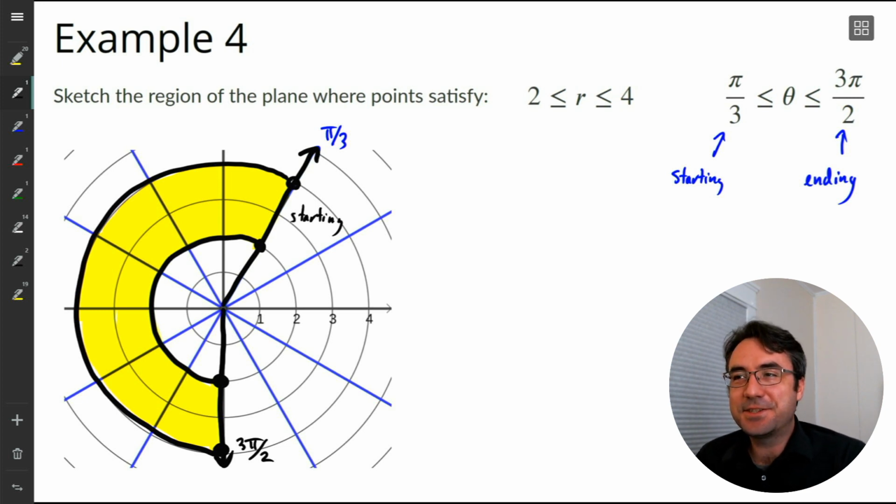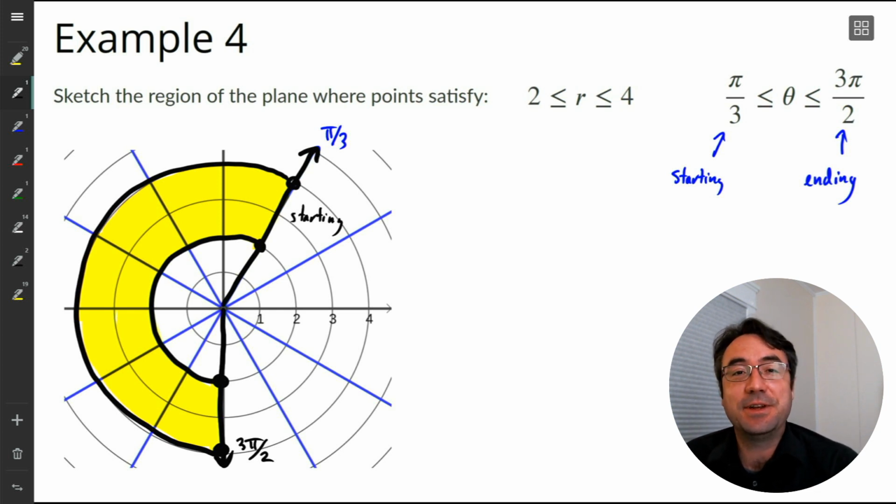All right, so this is good practice. Being able to picture these polar regions is going to be important, especially if you're going into Calc 3. You're going to see these polar regions quite a bit in Calc 3 when you're looking at double integrals and even triple integrals.